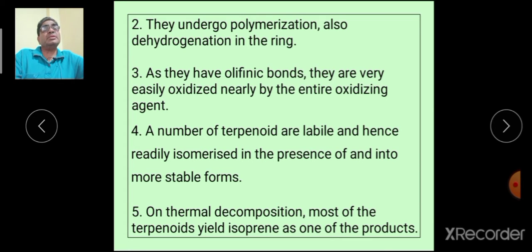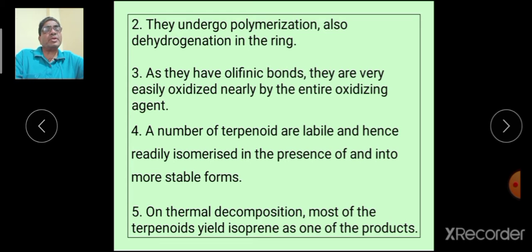Now, these undergo polymerization and also dehydrogenation in the ring. As they have double bonds, they are very easily oxidized by nearly all oxidizing agents.